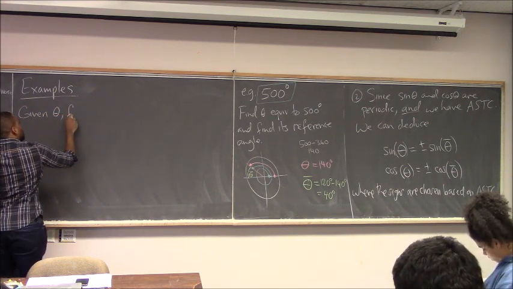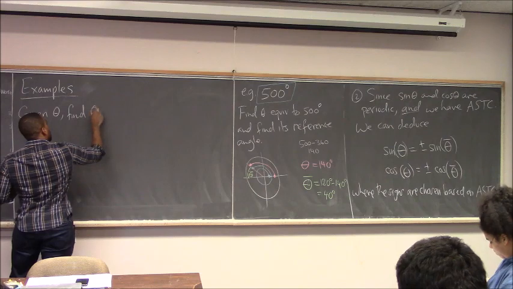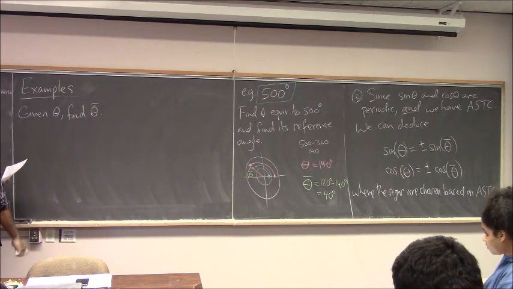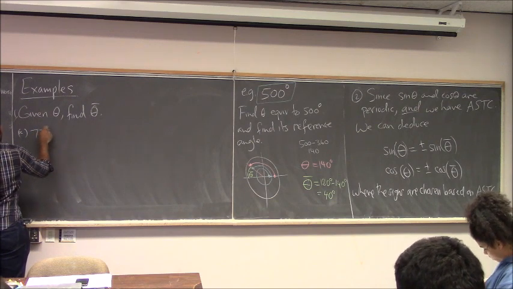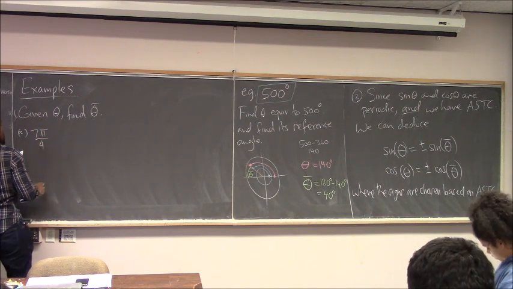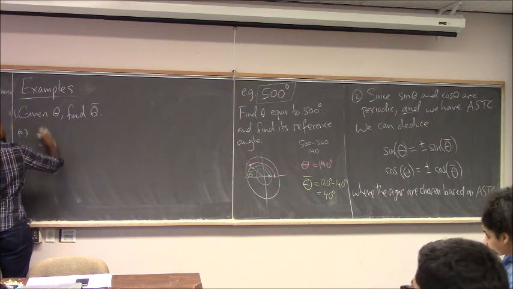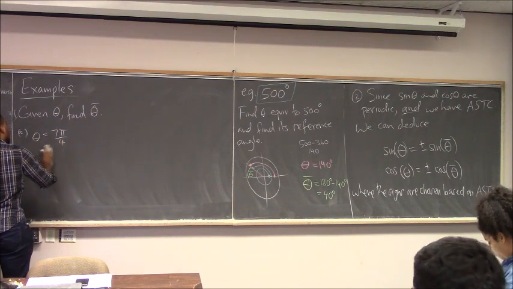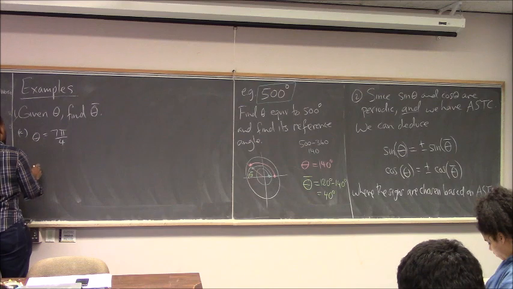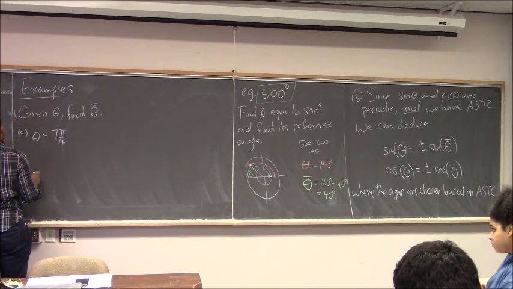Given theta, find theta bar. Just a little stepping stone. So that's the first example. A. Just going to put some random numbers here. So theta equals this. Because this allows me to tell you about the nice thing about things like these.